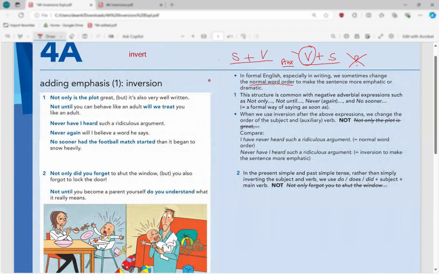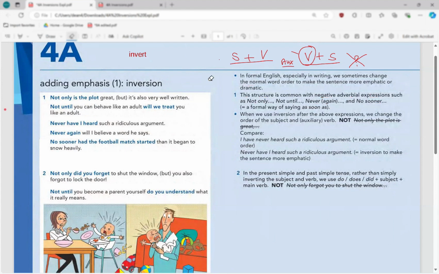The first one, look, this structure is common with negative adverbial expressions, such as not only, not until, never again, no sooner. Okay? So when we start our sentences with these negative adverbial expressions, then inversion happens.